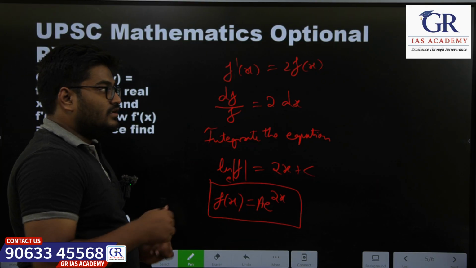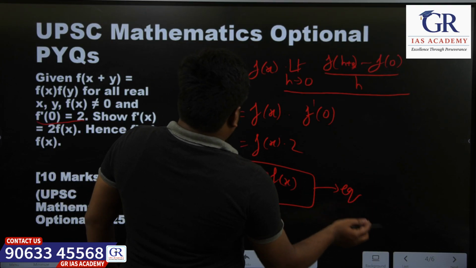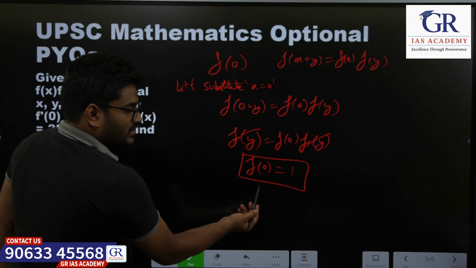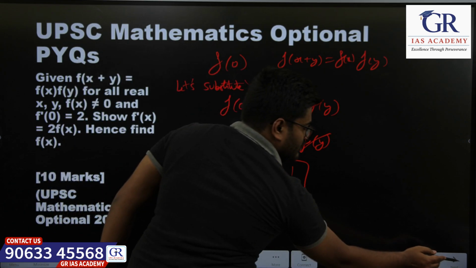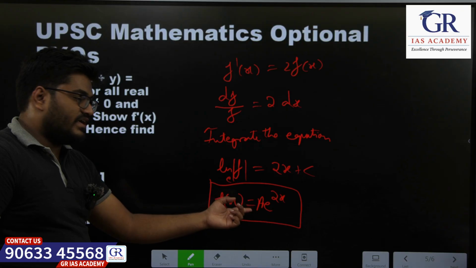How can we find it? What do we know from the previous part? That f of 0 is 1. Since f of 0 is 1, we can substitute x equals 0 and we can find a.